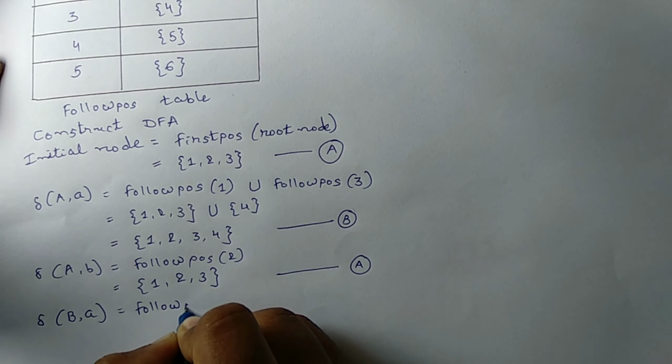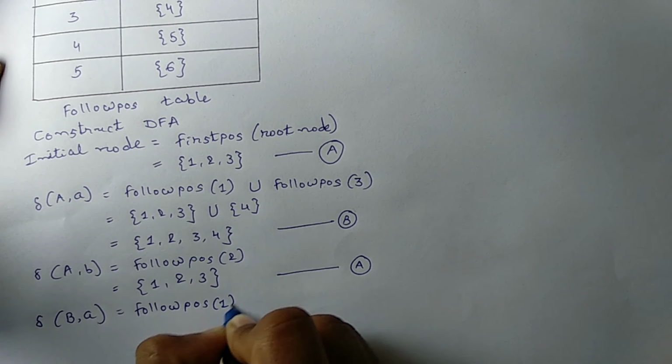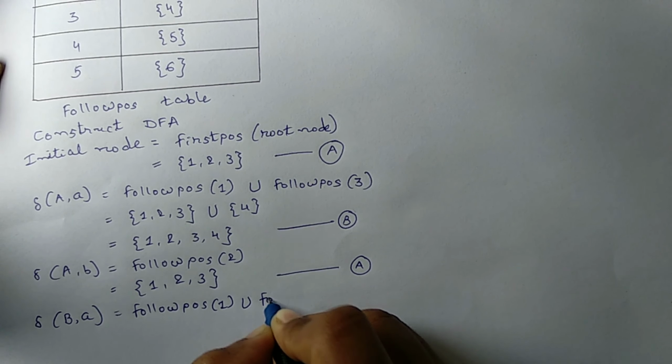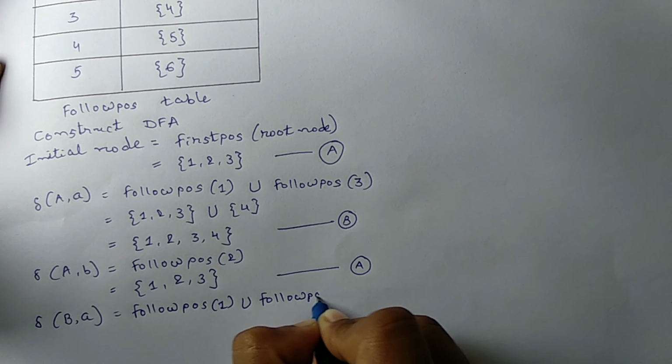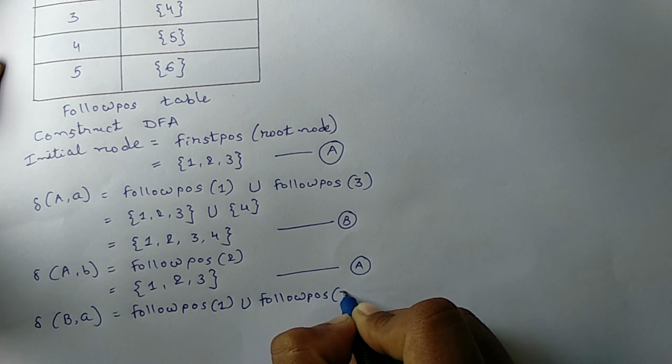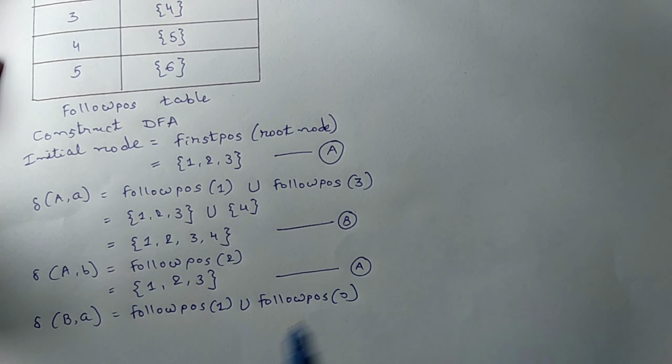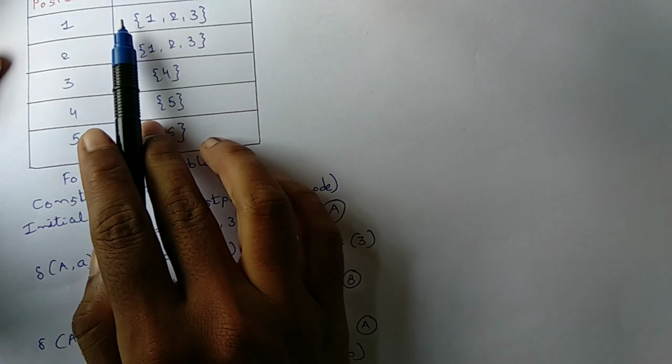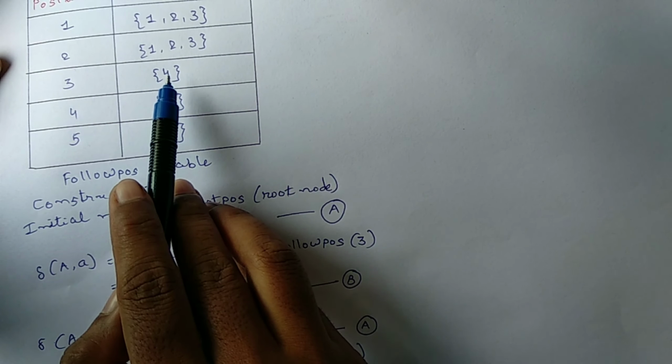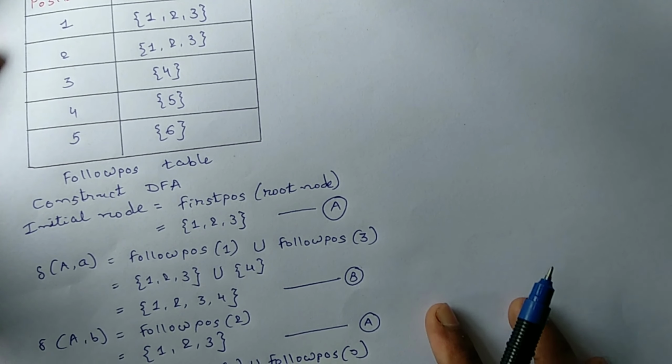follow position of 1 union follow position of 3. Follow position of 1 is 1 2 3 and follow position of 3 is 4.